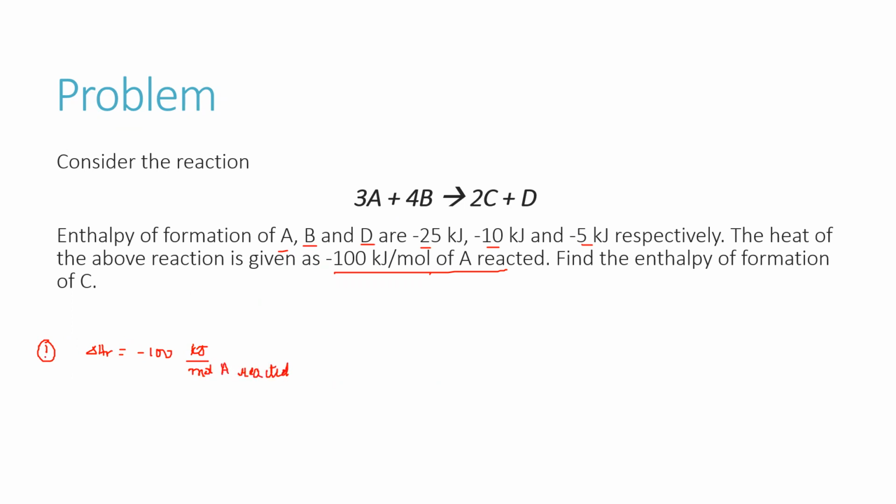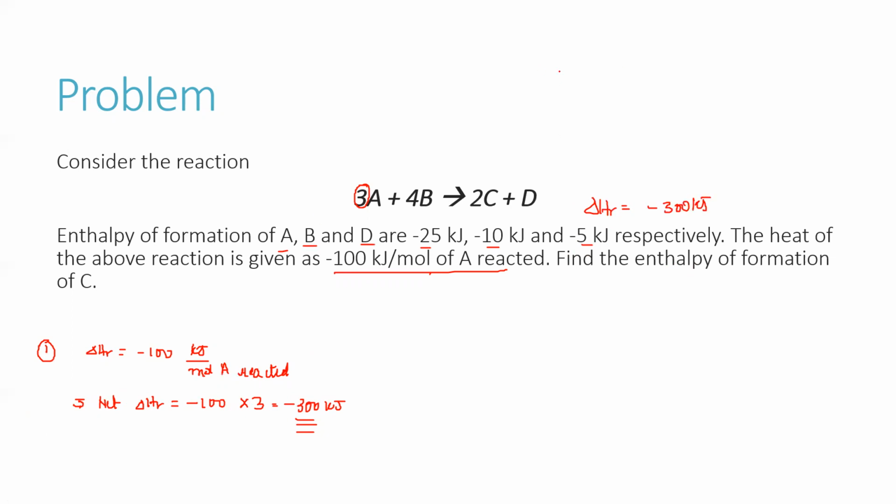In the above reaction, there are 3 moles of A reacting, which implies the net enthalpy of reaction is going to be minus 100 into 3, that is moles of A reacted. So that's going to be minus 300 kilojoules. So the net enthalpy of this reaction is minus 300 kilojoules.